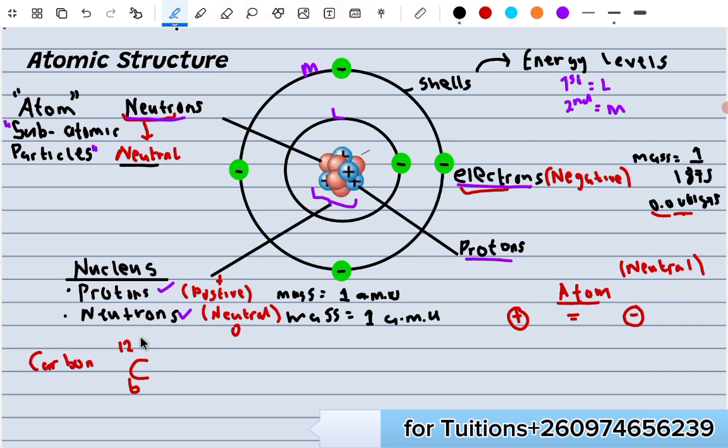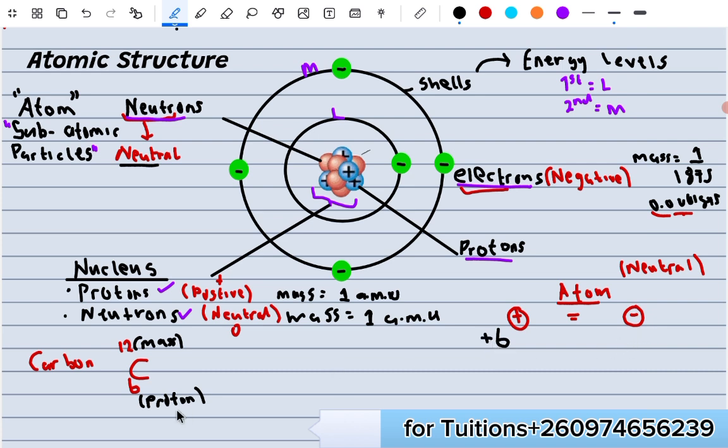The number on top is the mass number, and the number down is the proton number. Remember, the protons are positive. So when we say there is a 6 down, we're saying it has 6 protons. The positive charges here are 6, so you have plus 6.